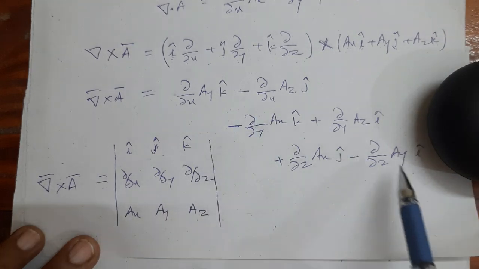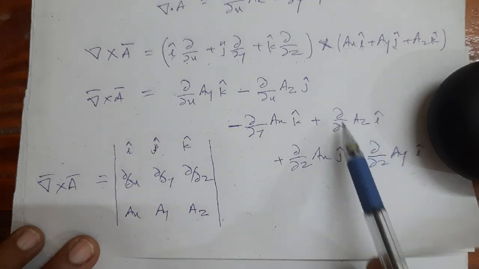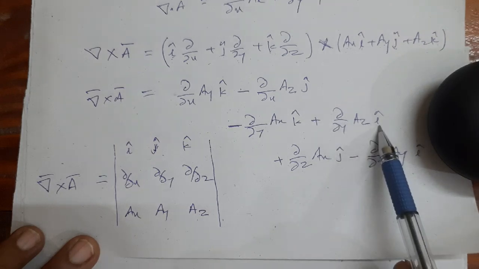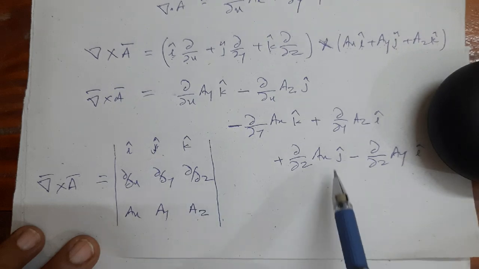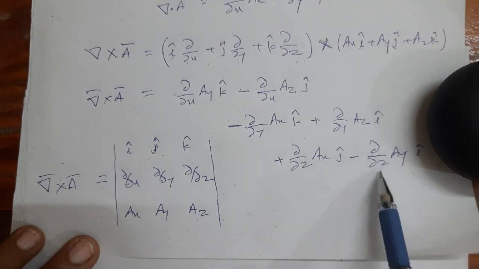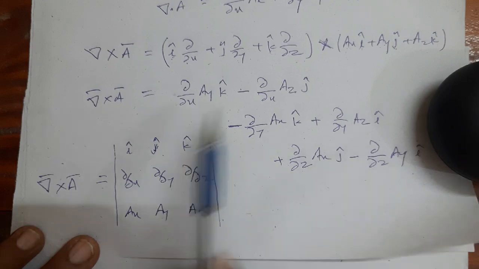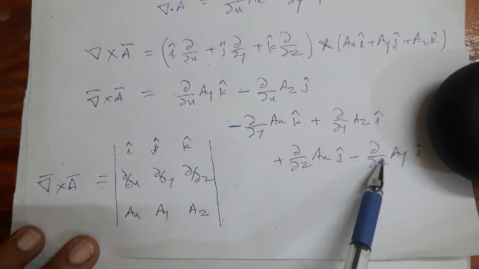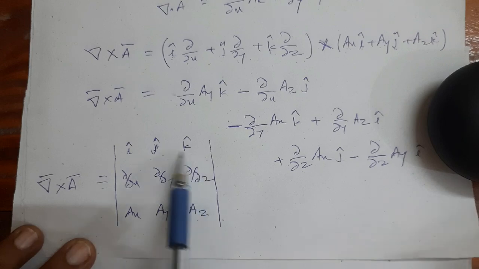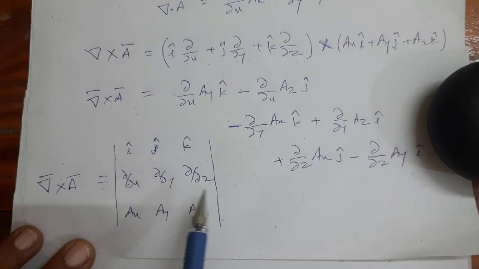Here you can search for the coefficients of i cap. See, it is ∂/∂y of az with i cap and ∂/∂z of ay with negative sign i cap. See, it is minus ∂/∂z of ay, and you can check that these three terms, or these 1, 2, 3, 4, 5, 6 terms can be derived from the simplification of this determinant.